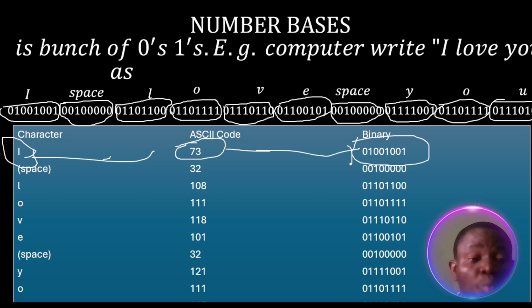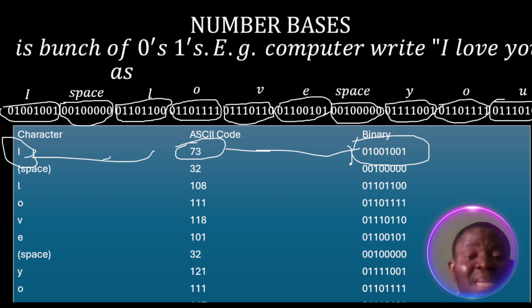This is the reason why we are having binary. We are having binary because the computers that we are using today do not understand anything other than zeros and ones. In the future, you may be a person that will invent something that will understand something between 0 and 4. That is to say, you are working in base 5.